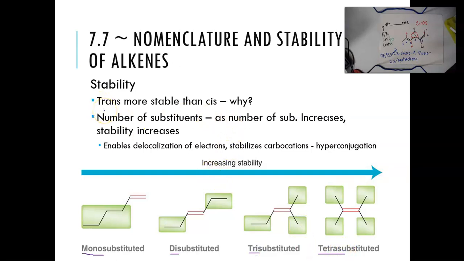And when we're talking about trans and cis here, we're really talking about whether the large groups are close together or not, not necessarily the way that we've been labeling them. So within that di category, our trans would be on the more stable side, and then our cis would be on the less stable. And this has to do with steric strain or steric hindrance that we've talked about in other chapters.